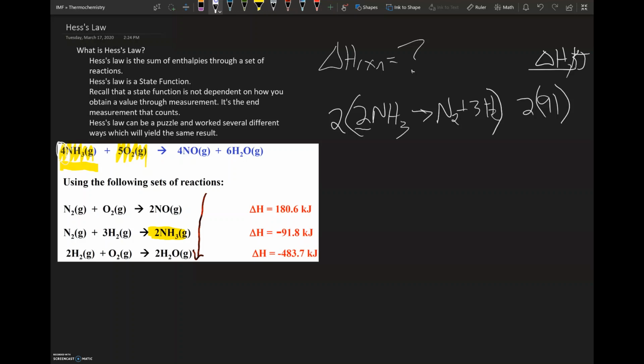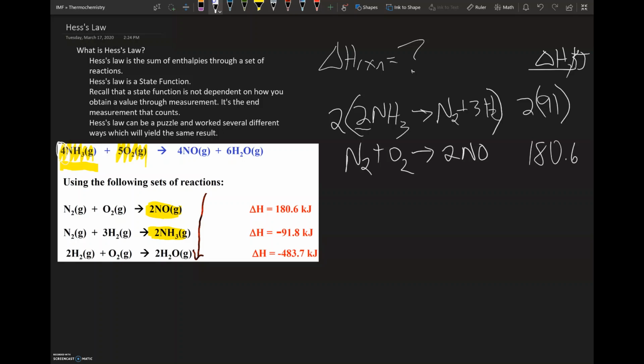The next thing I'll do is look at the other parts, and I'll find that there's an NO as a first product to this reaction. I look at the first step and I find NO is a product. So that's already in a good place. We're going to set it up here: N2 plus O2 yields 2NO, and the delta H for that was 180.6 kilojoules.